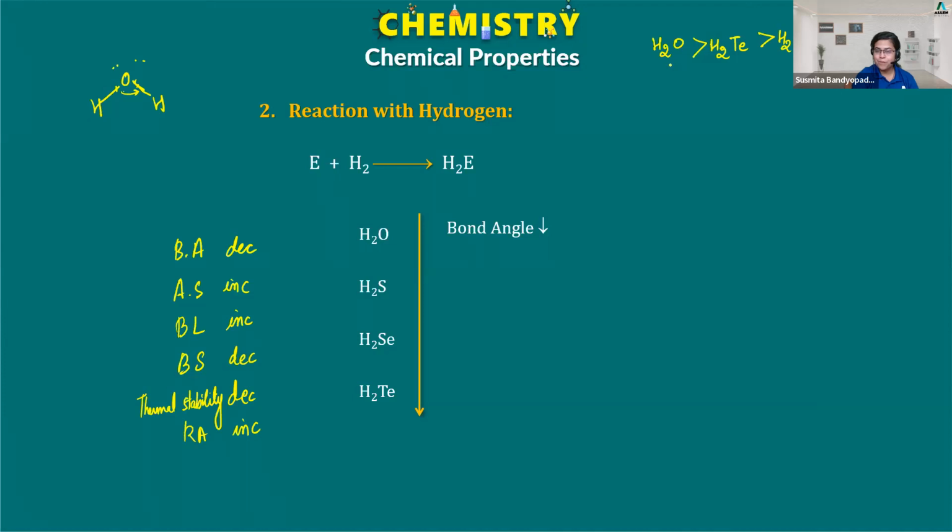Extensive, strong hydrogen bonding makes it difficult to separate the water molecules from each other and convert them into the gaseous state. So water, this is the decreasing order of boiling point. Here the reason is hydrogen bonding.